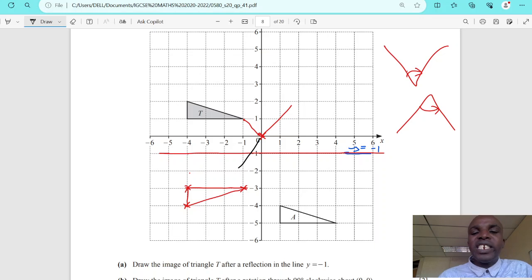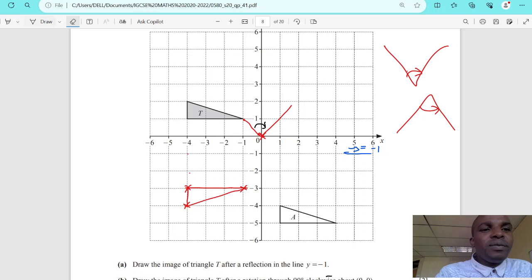So you check which direction, the black or the red line, will give you a clockwise direction, because they say clockwise here. So you check this side from the original, this side will be clockwise, this side will be anti-clockwise. So it means we consider the red line. We rub off the black one. Right, so it means the red line.